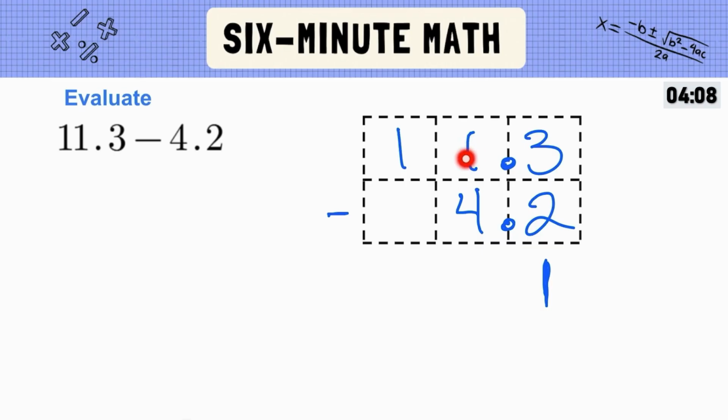I can't do 1 minus 4, so I'm going to borrow 1 from the neighbor, making it 11, and 11 minus 4 is 7. And then that decimal is going to drop down into that place value for a final answer of 7.1.